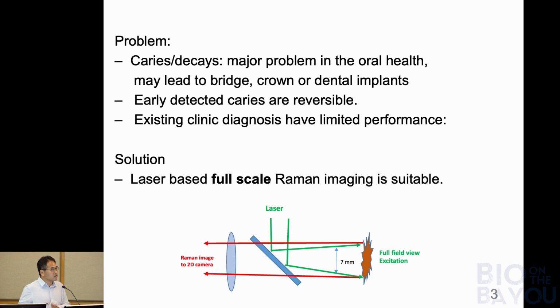Then we can spread the power, for example 2 watts. This way, the bigger power illuminating the whole area will compensate for the weak response of the Raman scattering effect, and that makes the time scale feasible in clinical settings.